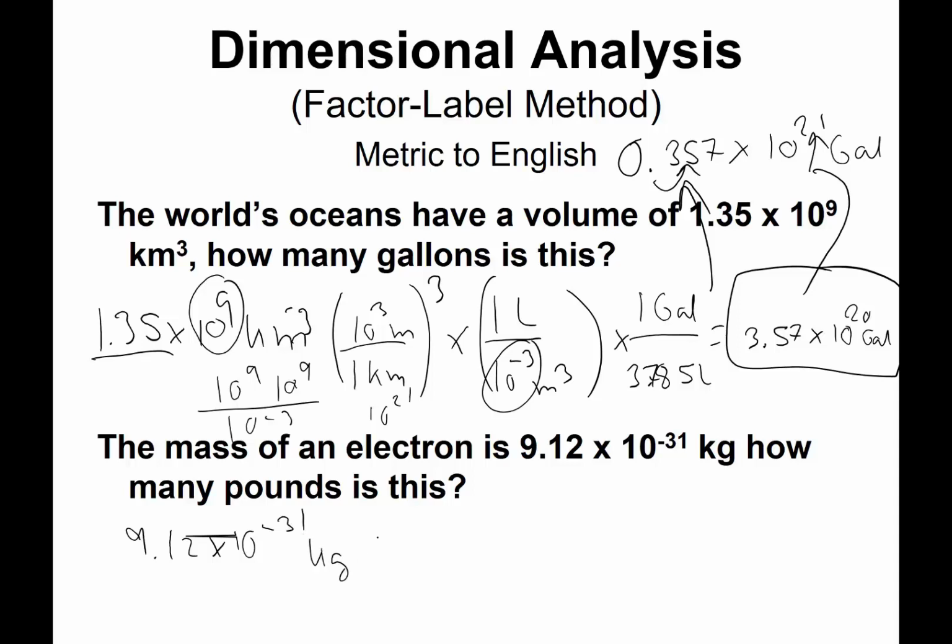We know there are 2.2 pounds per kilogram. You can use this conversion factor, and we get 2.01 times 10 to the negative 30 pounds. That's pretty heavy? No, that's very, very small.